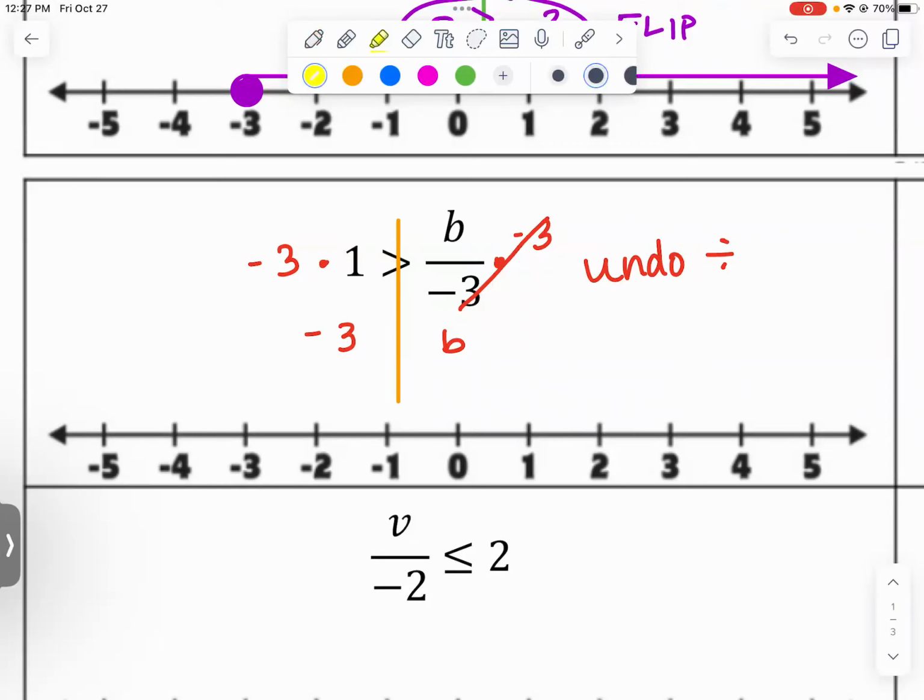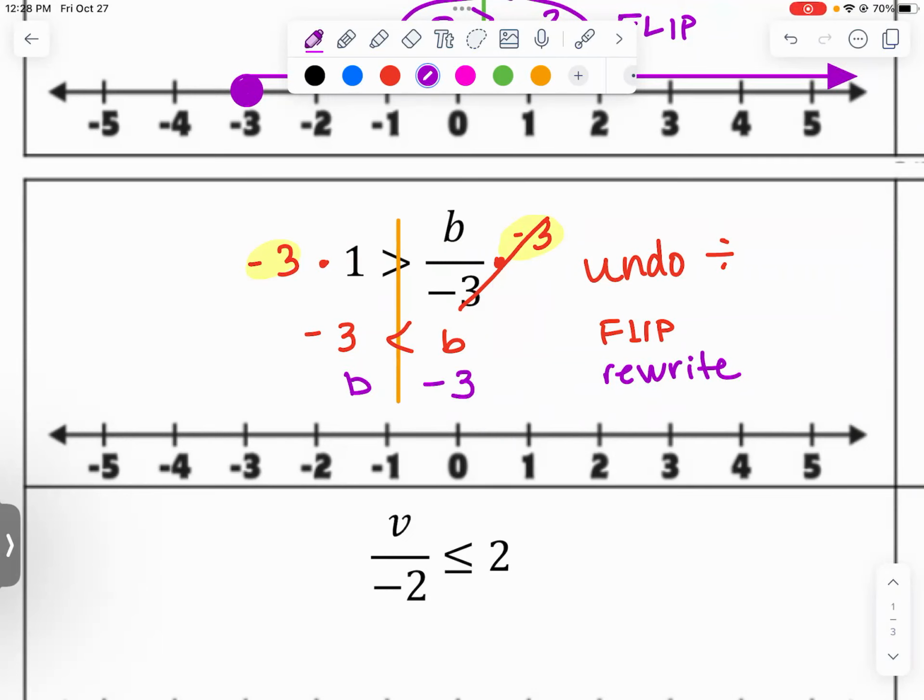And since we multiplied by a negative number, we need to flip our inequality sign. Now, is this how I'm asking you to give me your answer? No, we need to rewrite it so that our variable is on the left, which means b and -3 are going to switch places.